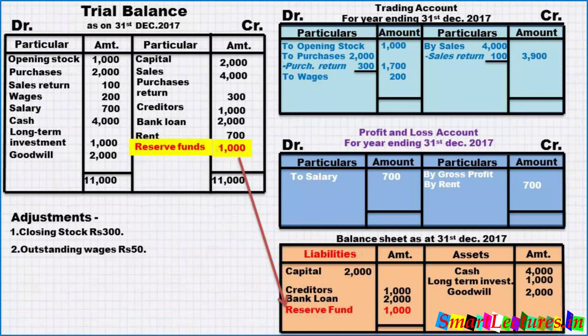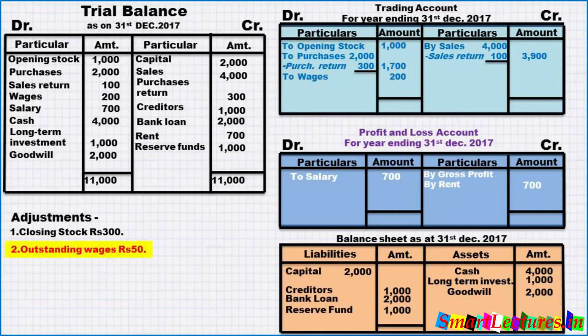Now let's fix wages and outstanding wages. These were the two extra items. On trading account you can see to wages 200 and to wages 50. There are 2 items of wages on the debit side of trading account. 200 has come from the trial balance and 50 has come from that adjustment entry.